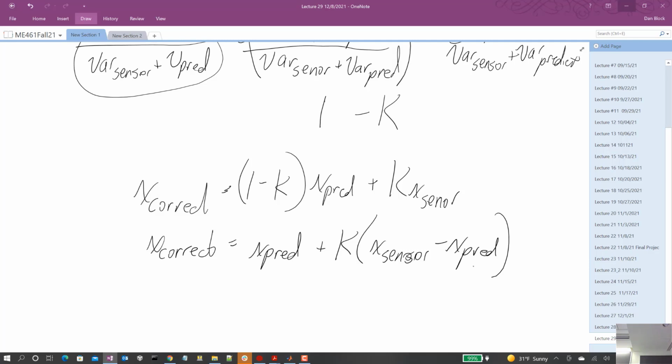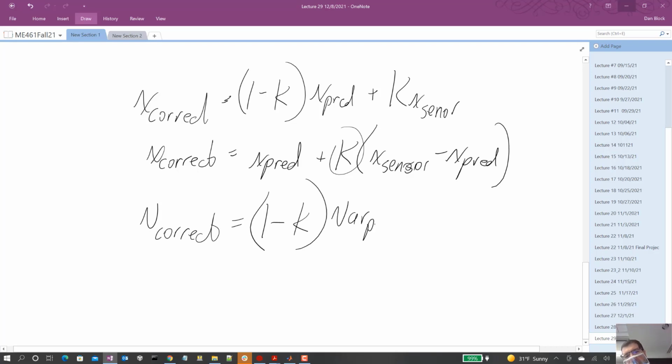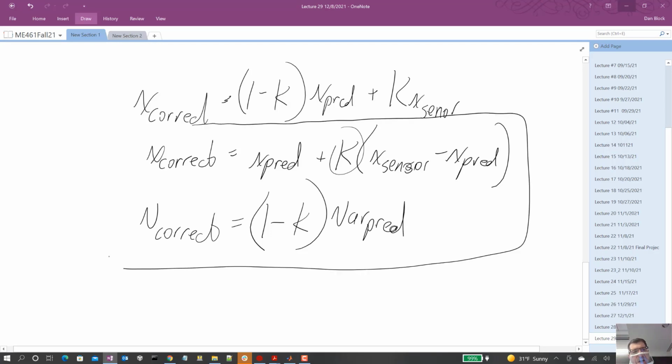Okay, but anyway, so now we've got this in this Kalman form. Good. And with the same kind of math, just little tricks to run through with this K value, we also have that our variance corrected is equal to 1 minus K times the variance predicted. So these two equations are our final form of the correction step.